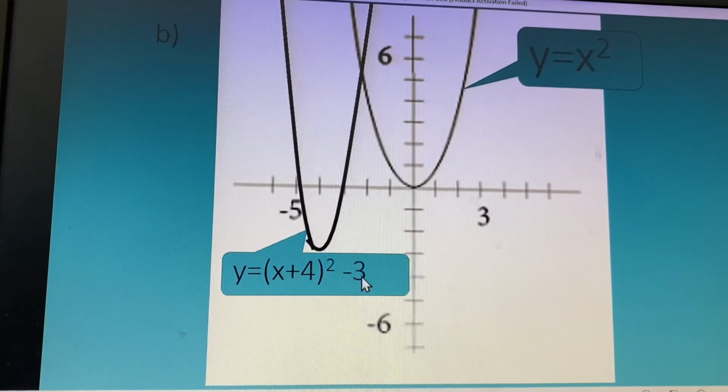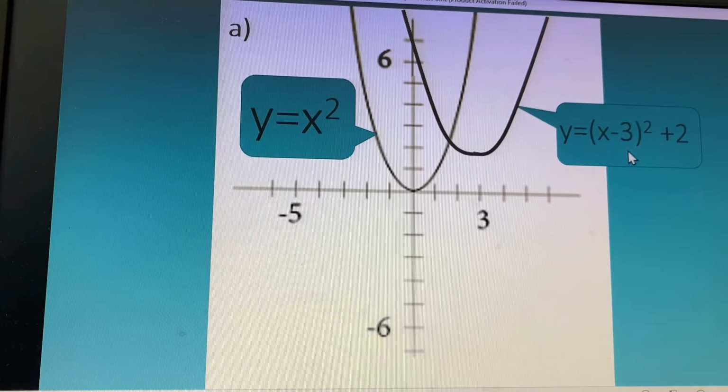If the value of k is negative also, it's translated downward. While if the value of h is positive, it's translated to the right. And if the value of k is positive, it's translated upward. So that's the hint in the shifting of this graph.